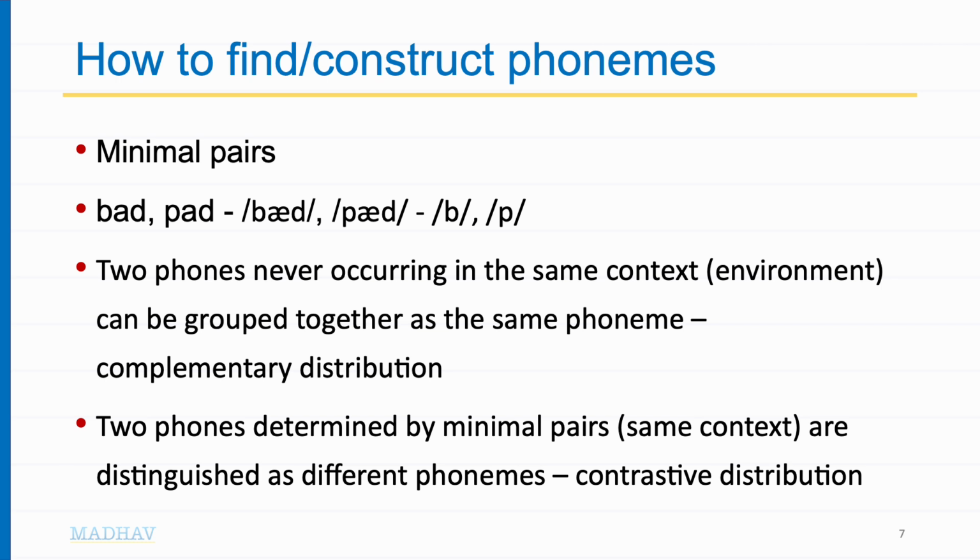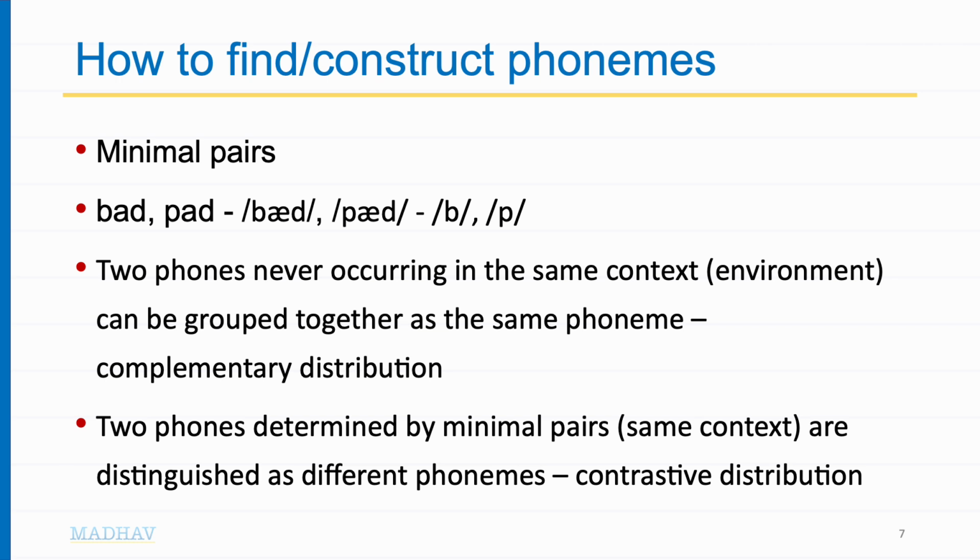Let's say bad and pad. All phones are same in these two words. Only difference is b or p. The phone b and the phone p. Only they are different. We put them together and we say, do they mean different things in that particular language? Is the meaning of bad different from the meaning of pad?